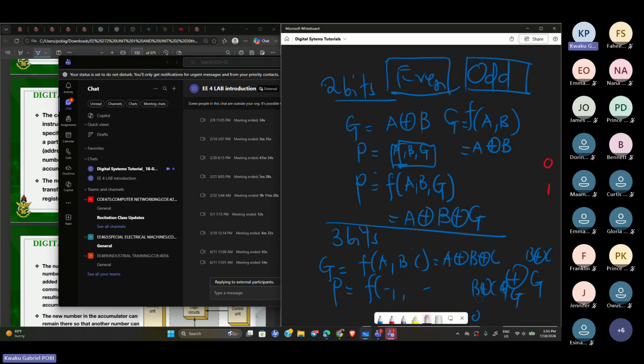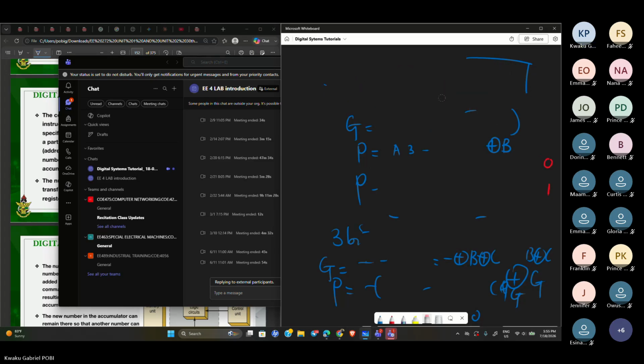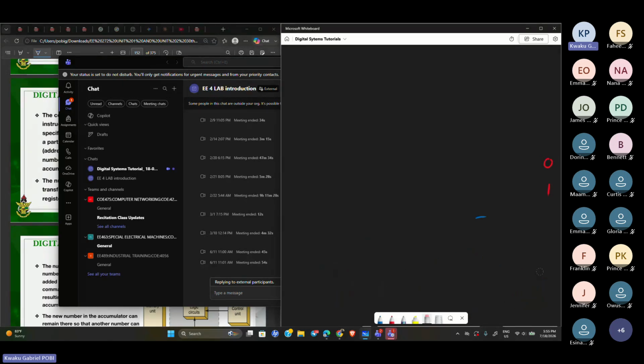So in that case, let me just do a 2-input bit parity generator and checker for the odd one. And then if you go to higher levels like 3 bits, 4 bits, 5 bits, you still end up getting the same thing. Nothing will change, just like how we did for the even. So let's say odd, we are doing 2-bit inputs.